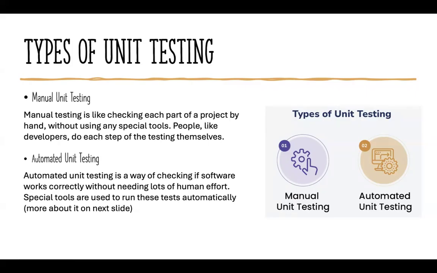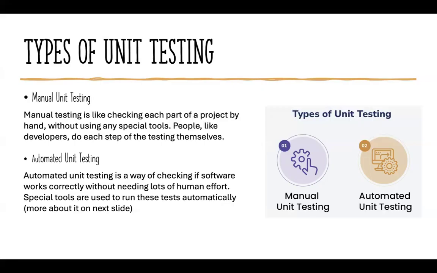People like developers can do each step of this by themselves. The problem with doing manual unit testing is that it costs more because workers have to be paid for the time that they spend testing, especially if it's not a permanent staff.